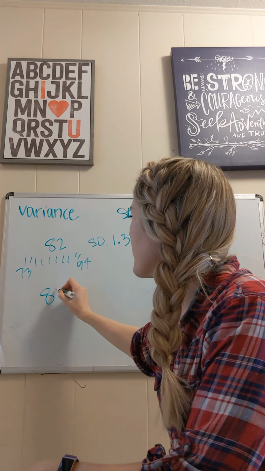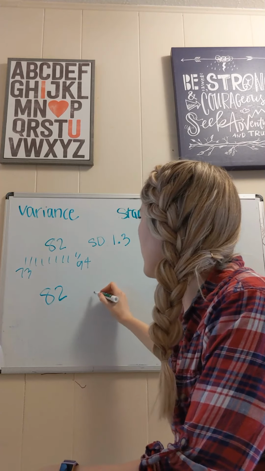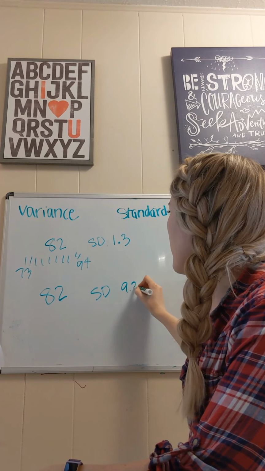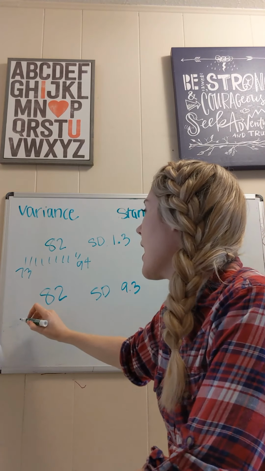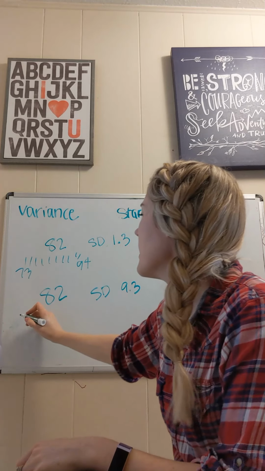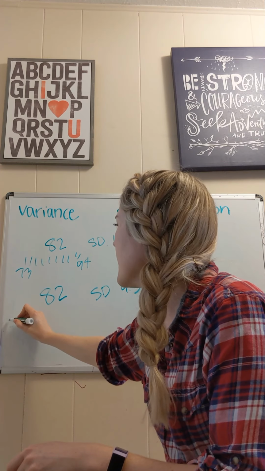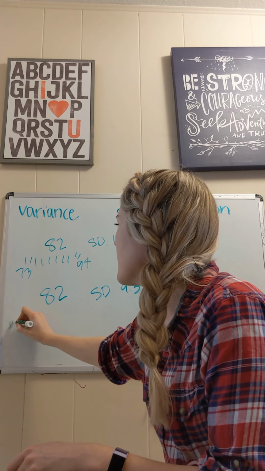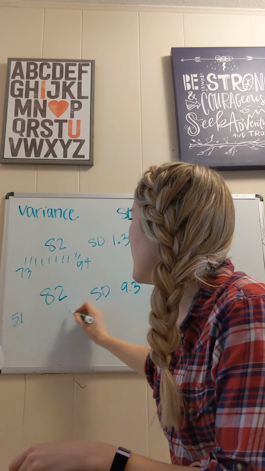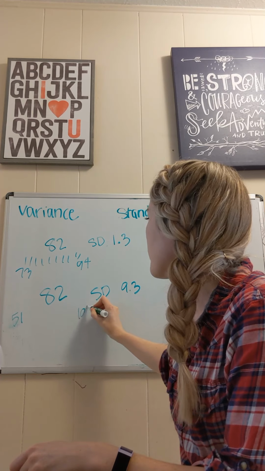In the second course, the average was 82, but let's say the standard deviation here was 9.3. Now this means there's a lot more variability in these test scores, meaning the lowest ones, let's say, we'll say it's 51 and 100.